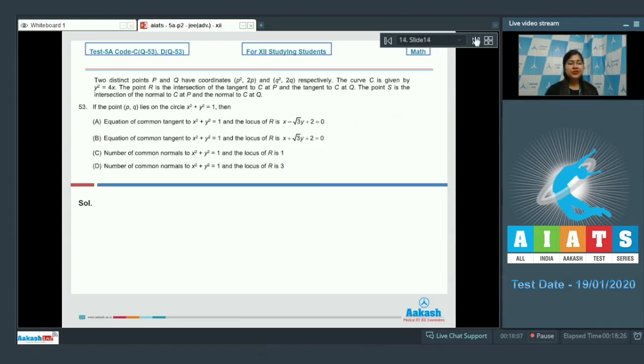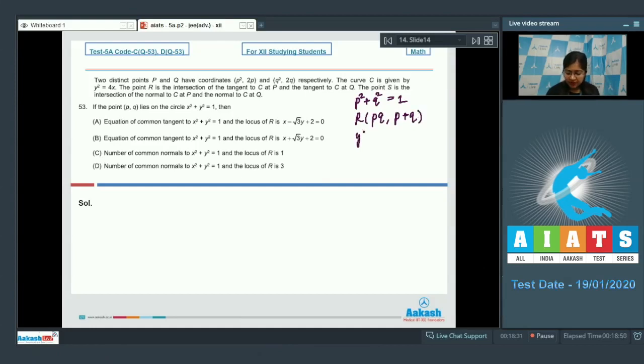Next is question number 53, which says if the point p comma q lies on the circle x square plus y square equal to 1. So we have to talk about the locus of R in the options. Now it has been given that p square plus q square is equal to 1 and the coordinate of R is pq comma p plus q.